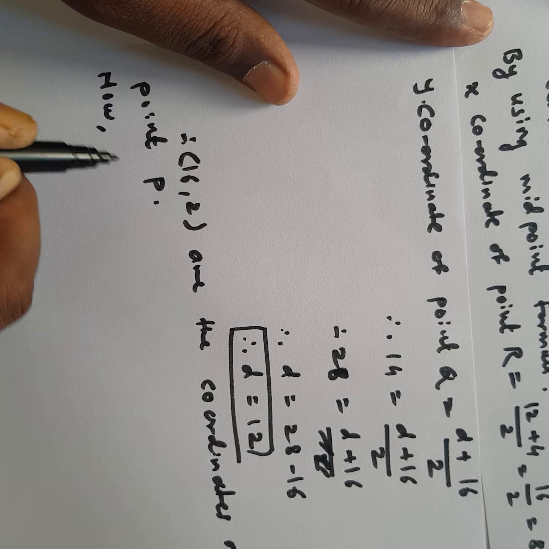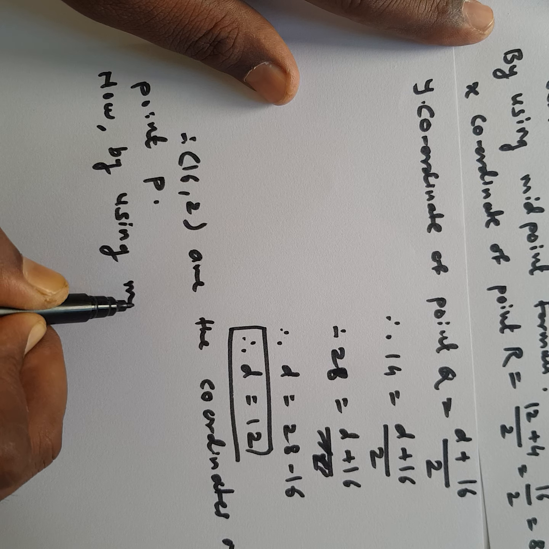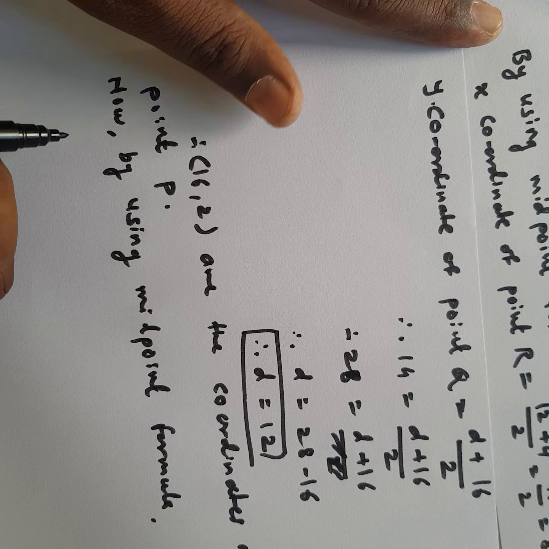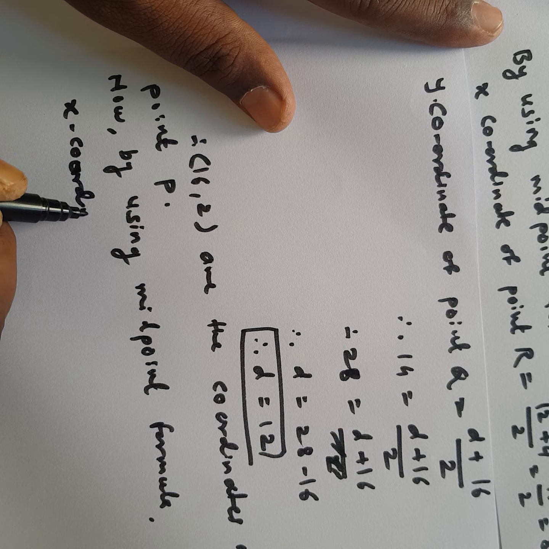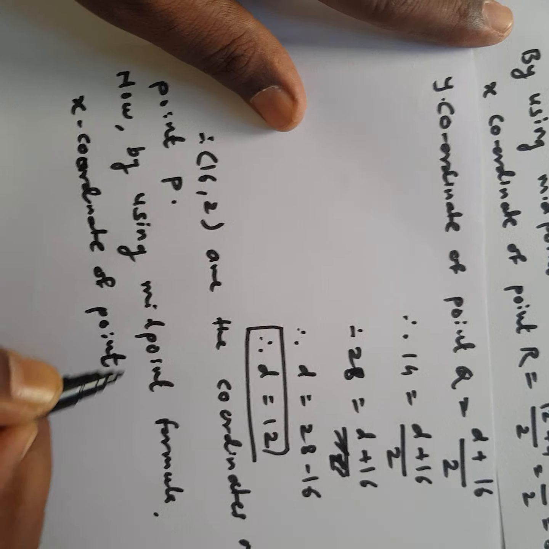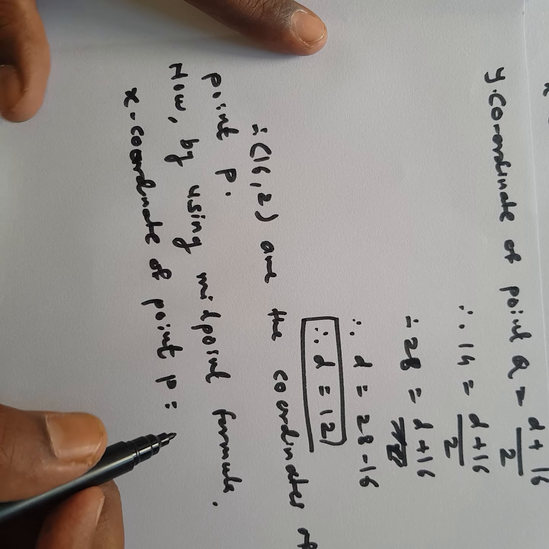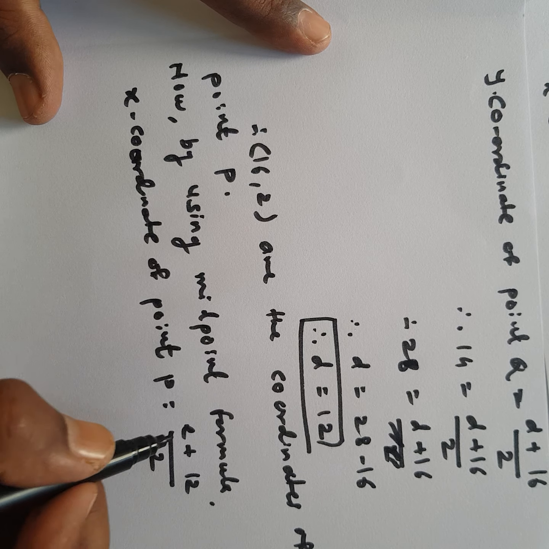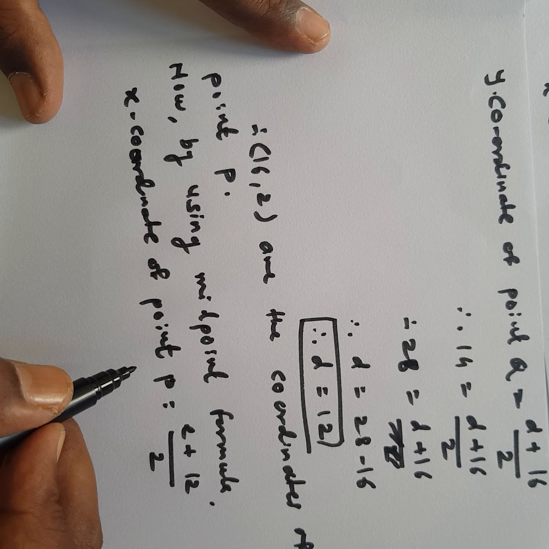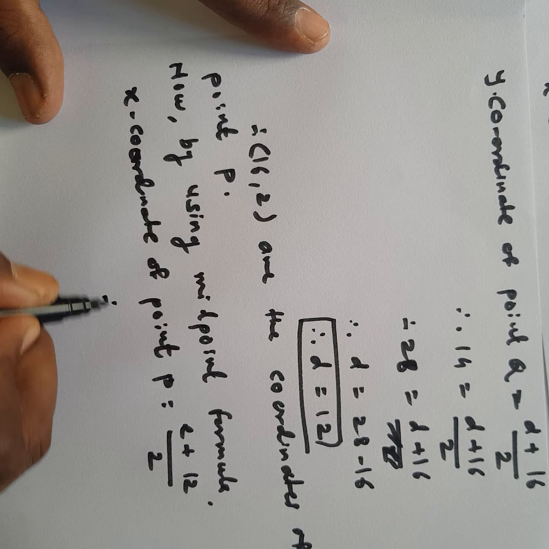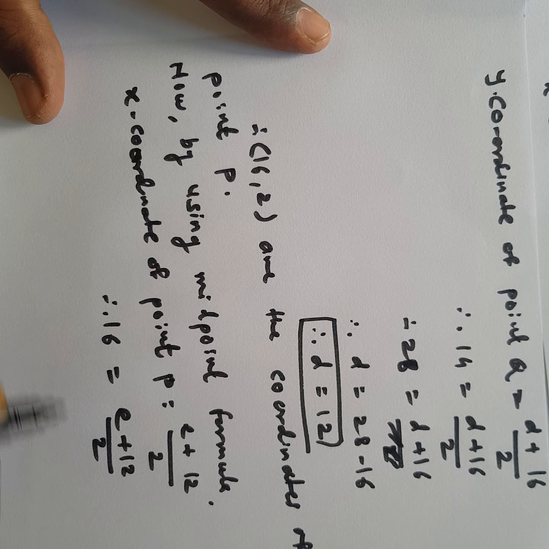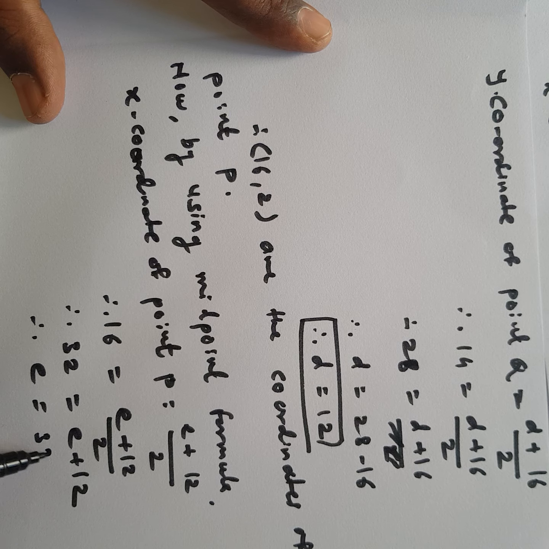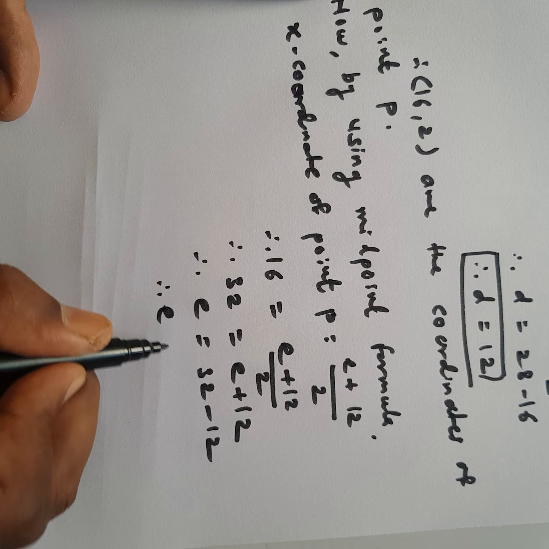Now by using the midpoint formula, the x coordinate of point P, that is C, whose value we found is 16, is equal to E plus 12 upon 2, therefore 32 is equal to E plus 12, therefore E is equal to 32 minus 12, therefore E is equal to 20.